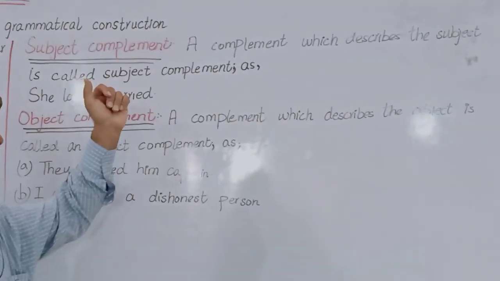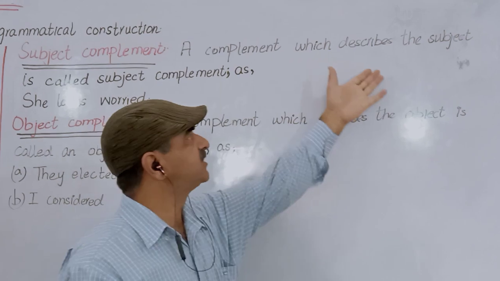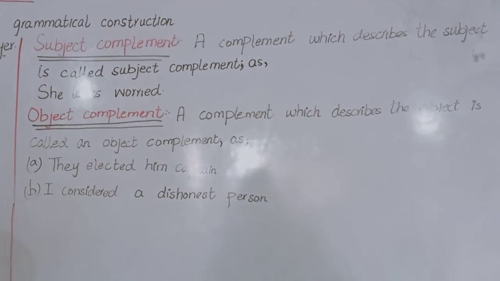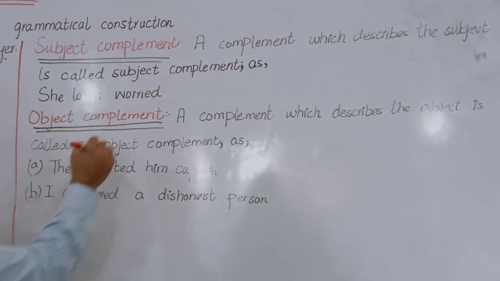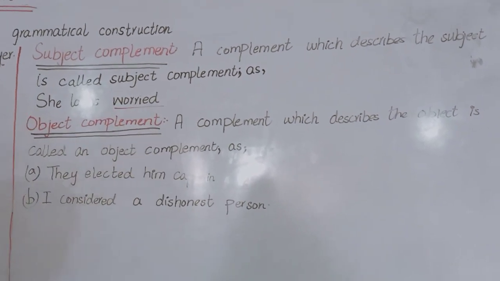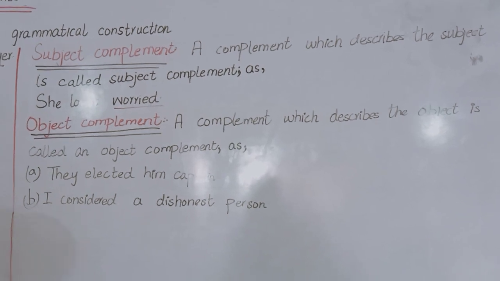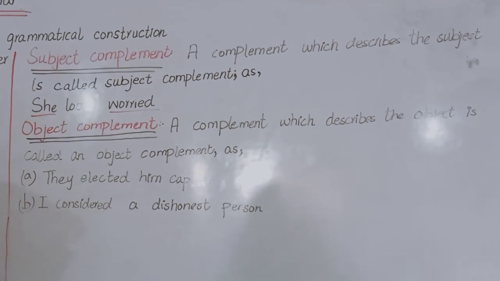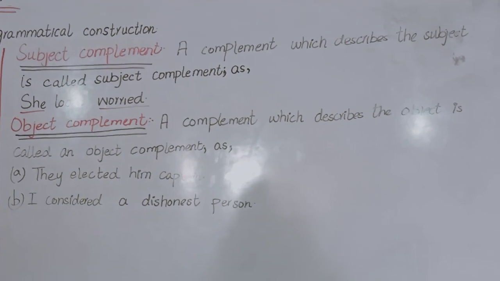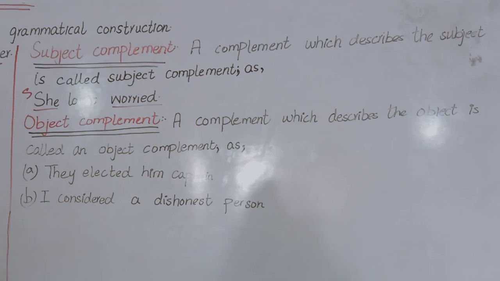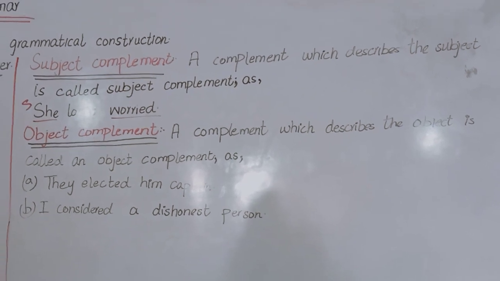Subject complement: a complement which describes the subject is called a subject complement. She looks worried. Again, she looks beautiful, she looks worried. What is "she"? Subject. And it is completed by "worried."